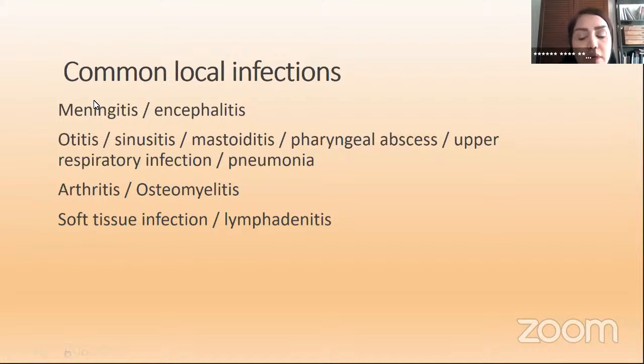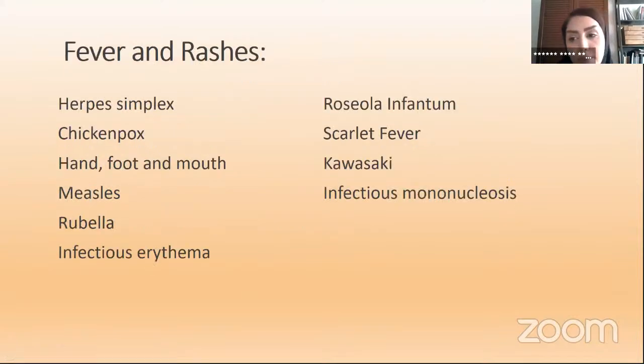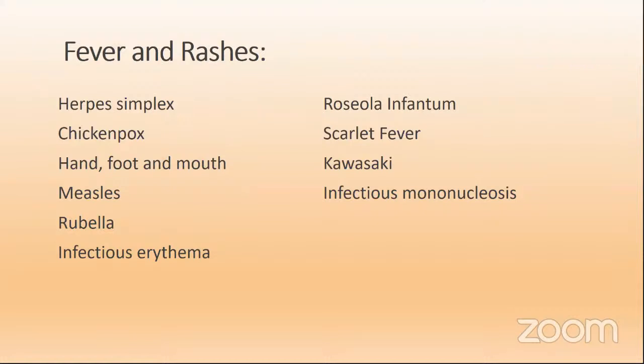As you know, each of these diseases has its own symptoms and signs, and you should examine the patient very well. Here is some differential diagnosis of fever and rash, like herpes simplex, chickenpox, hand, foot, and mouth disease, measles, rubella, infectious erythema, Roseola infantum, scarlet fever, Kawasaki, and infectious mononucleosis.